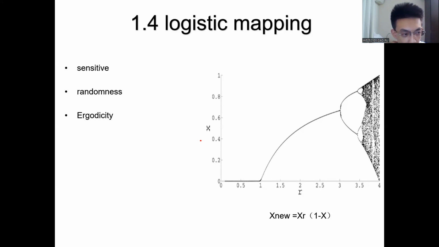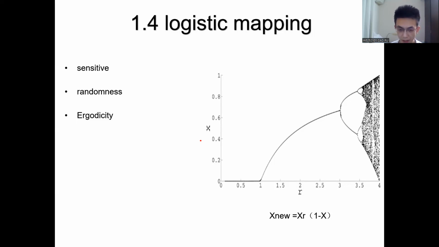For example, there are two input data, and although the difference between these two input data is very small, the generated mapping output is going to be totally different. The second is randomness. That means the generated mapping looks very random. And the third is also the most important one. It's called ergodicity.